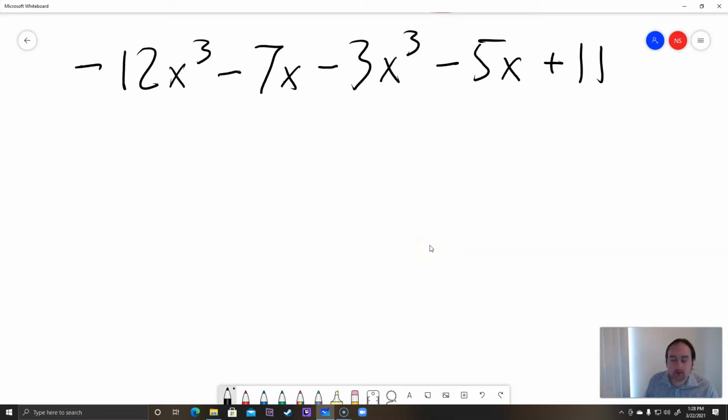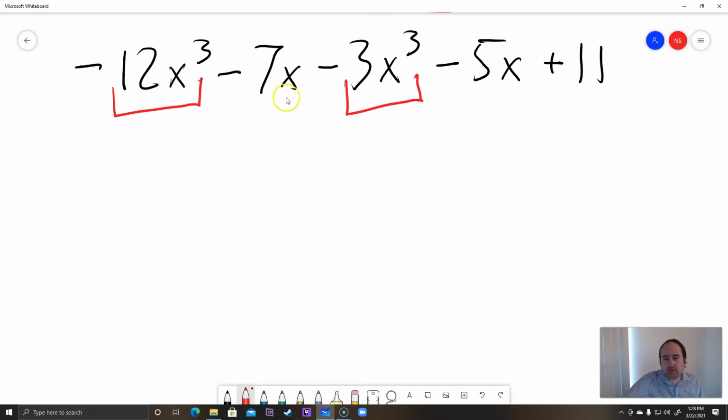So what are the like terms in this problem? The highest power is going to be x to the 3, or x cubed. We have negative 12x cubed and negative 3x cubed. You'll notice in this problem we don't have any x squared, and that can be true sometimes.